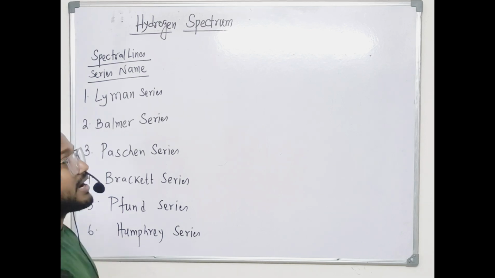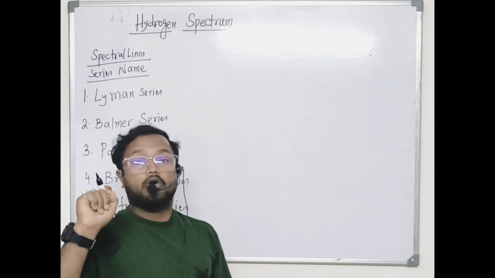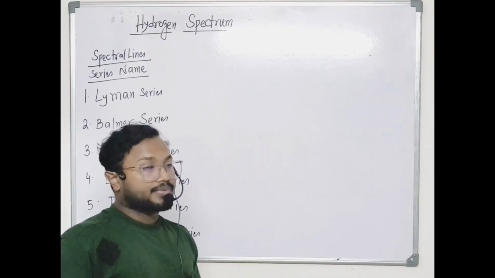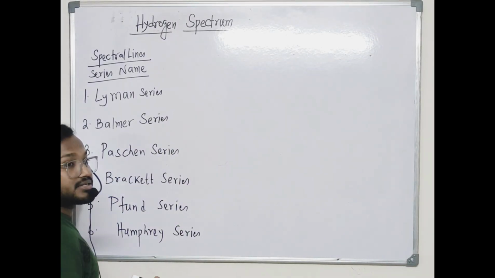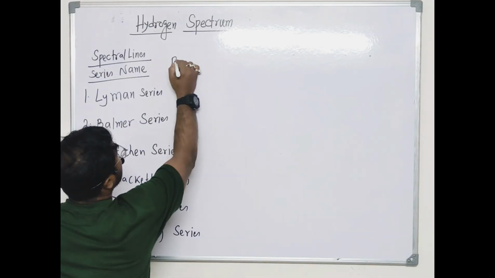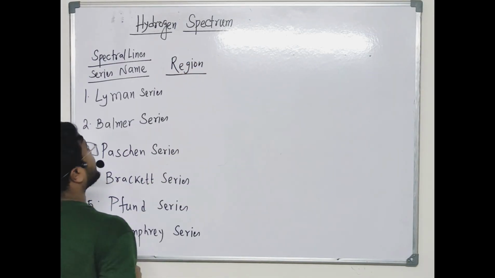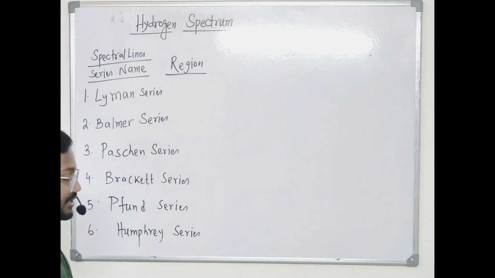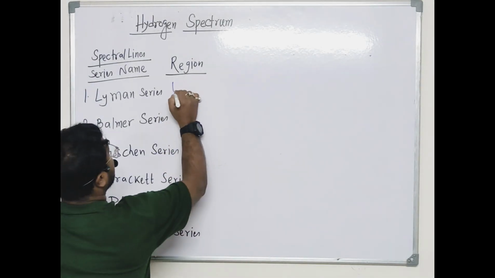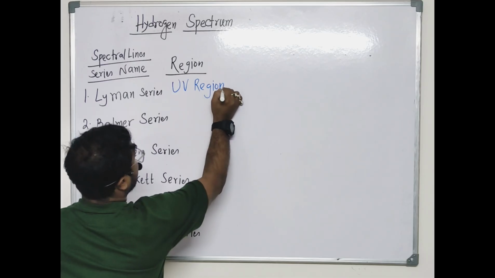The way I am writing, that is considered the initial spectral line of that spectrum. For example, in which region it lies, I need to know. So, what is the region for this? For the Lyman series, we consider it is in the UV region.